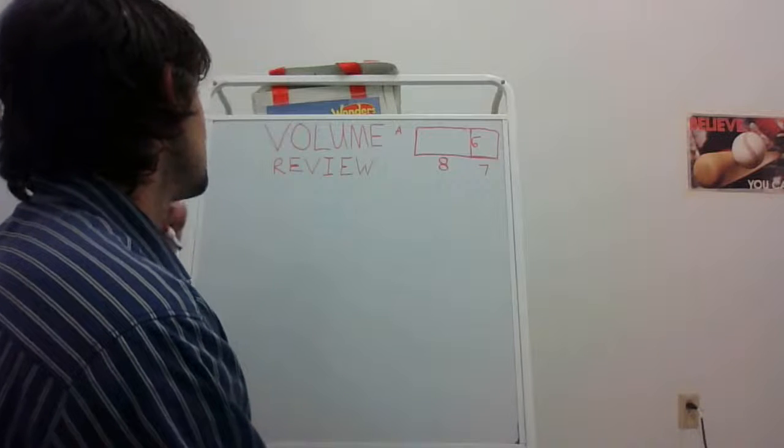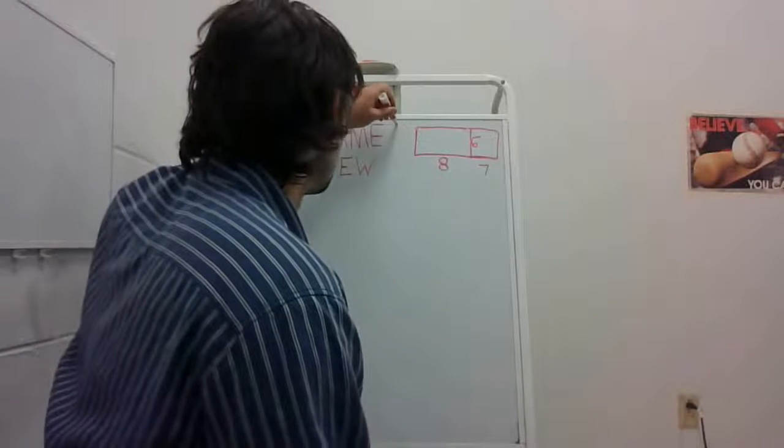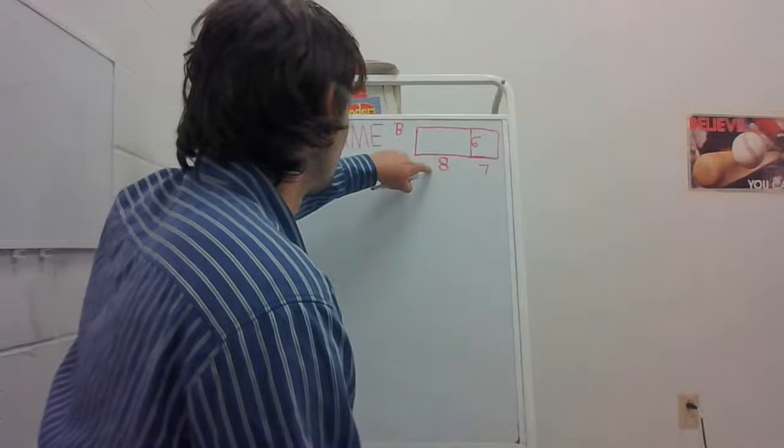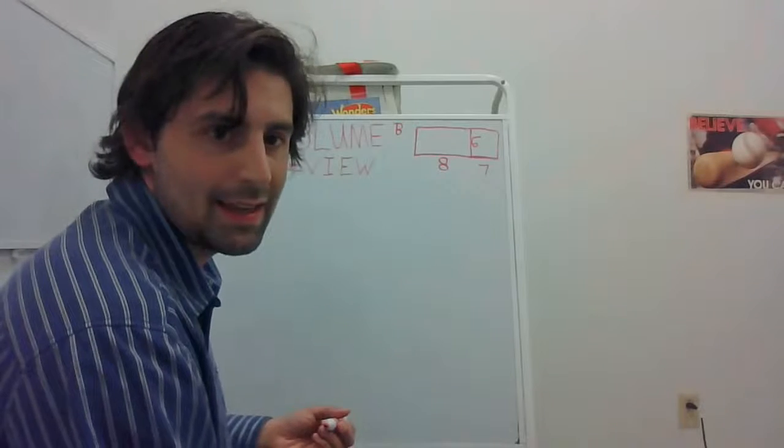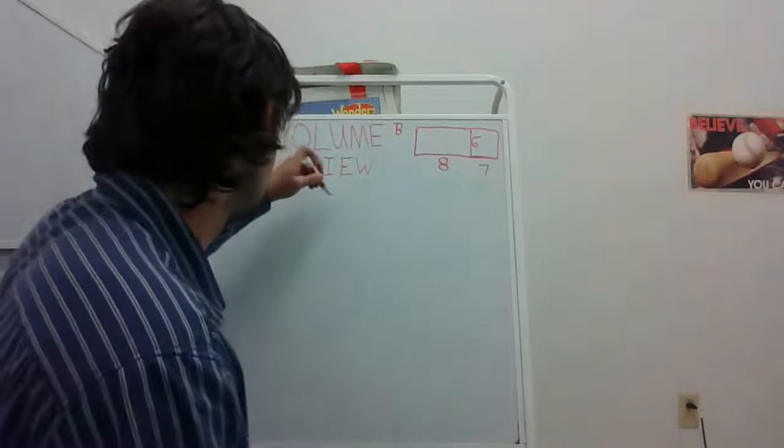Shape B. So the volume of shape B. The length is 8, the width is 7, the height is 6. So we are going to multiply 8 times 7 times 6.